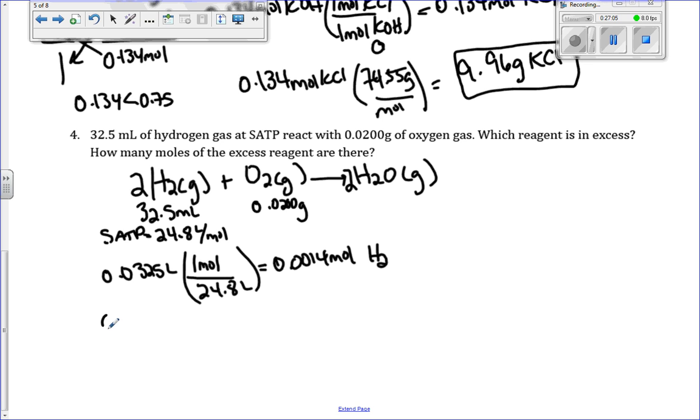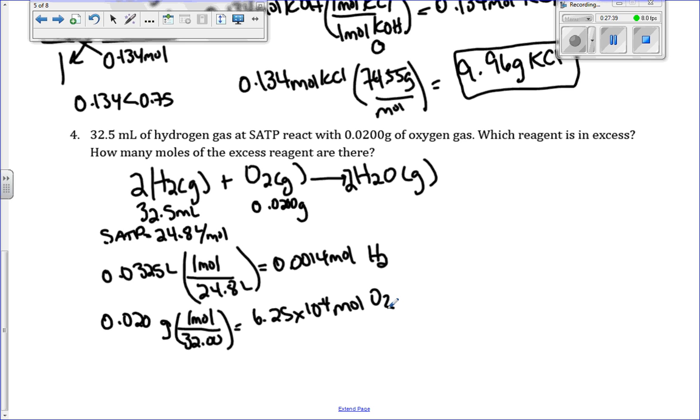Looking at oxygen, we have 0.020 grams. We're going to divide by the molar mass of oxygen, remembering that there's 2 of them. And we get a value of 6.25 times 10 to the negative 4 moles.